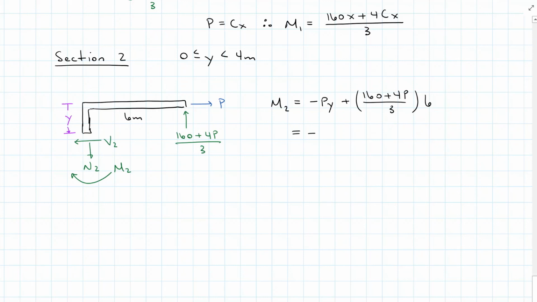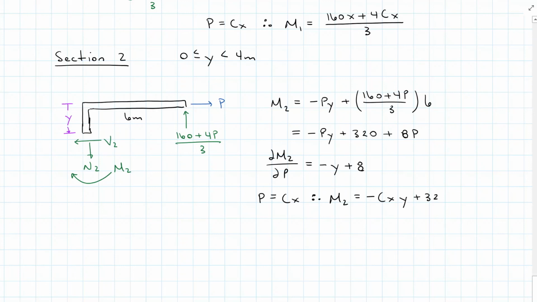I'm going to expand this one out. And when I take the partial of my expanded M2 with respect to P, I have minus y plus 8. P is really equal to Cx. Therefore, my moment 2 equation is really equal to minus Cxy plus 320 plus 8Cx.